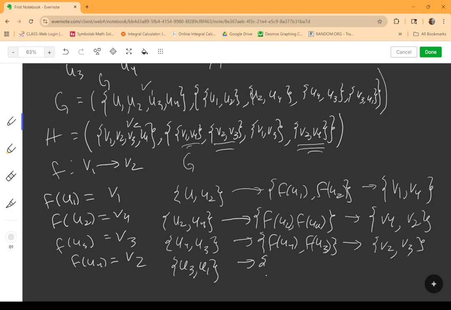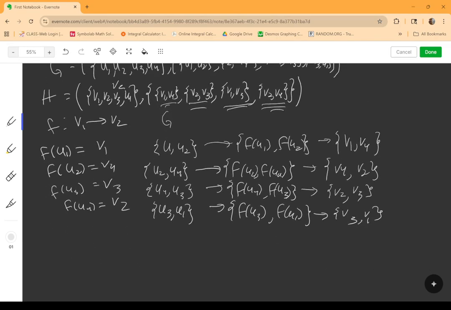That maps onto F of U3, F of U1, and that is V3, V1. We can see that is right there. So here we go. We created the bijection from V1 to V2, and that tells me that graph G and H are isomorphic to each other.